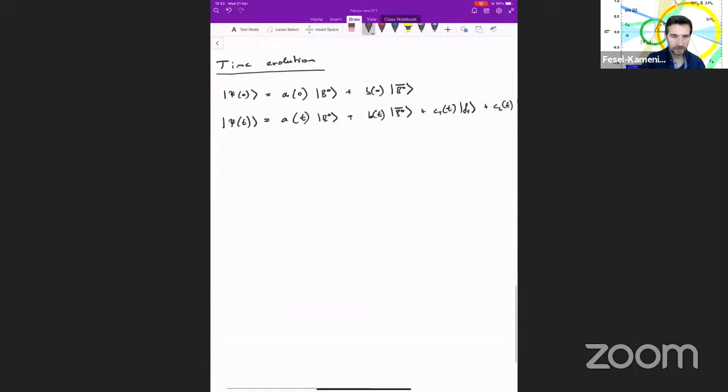These are the B naught and B naught bar decay products.